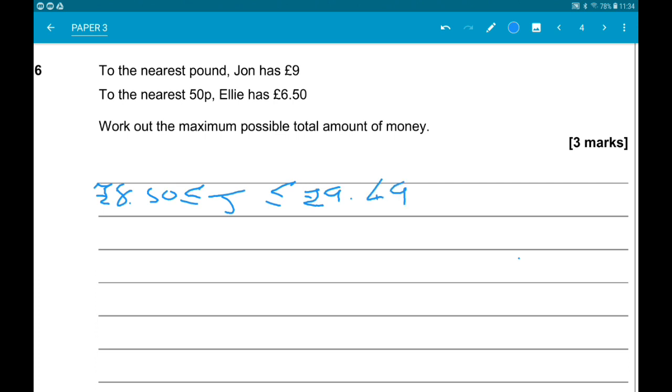Okay, then for Ellie, the least amount she could have would be £6.25, and the most amount she could have would be £6.74.